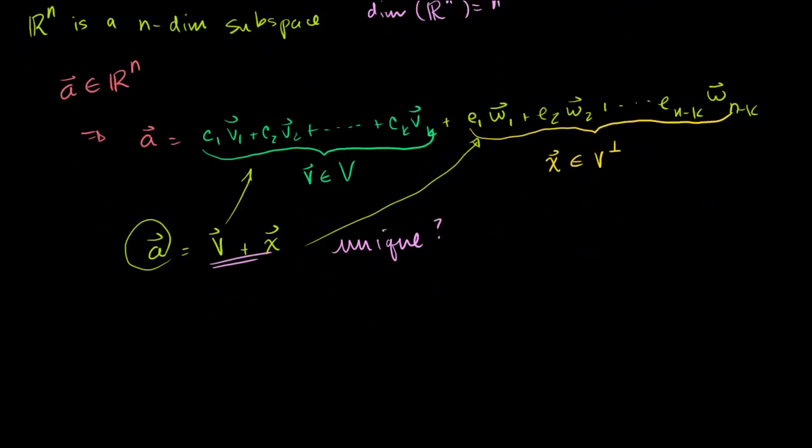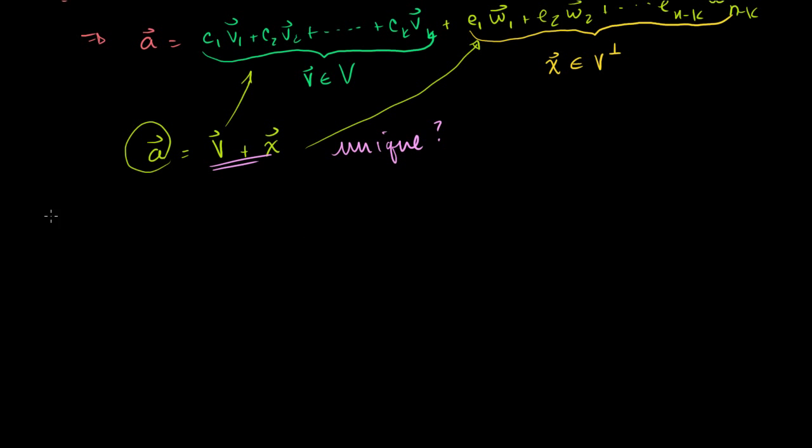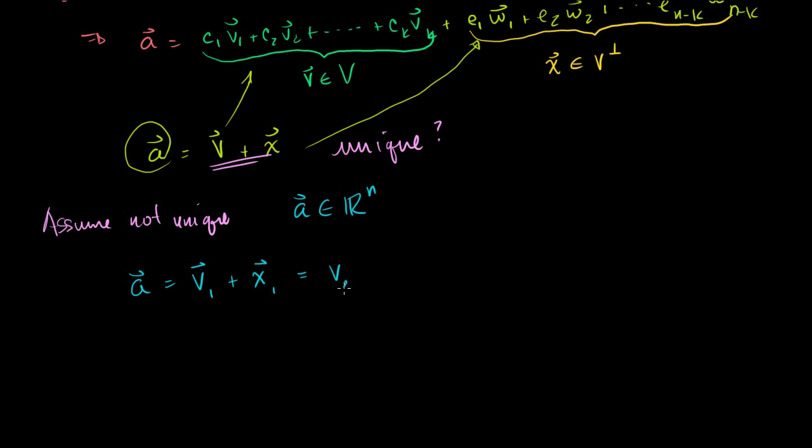Well, let's test it out by assuming it's not unique. Assume not unique. So that means that for some vector A that is a member of Rn, I could represent it two ways. I could represent it as equaling some member of my subspace V plus some member of the orthogonal complement of V. Or I could represent it as some other member of my subspace V plus some other member of my orthogonal complement.